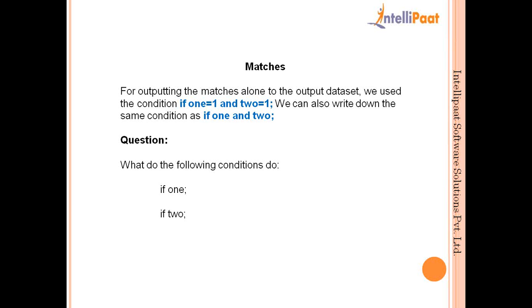We can also write the same condition as if 1 and 2. So the question is, what does the following condition do? If 1 or if 2, right? We need to talk about what the in equals variable basically does.